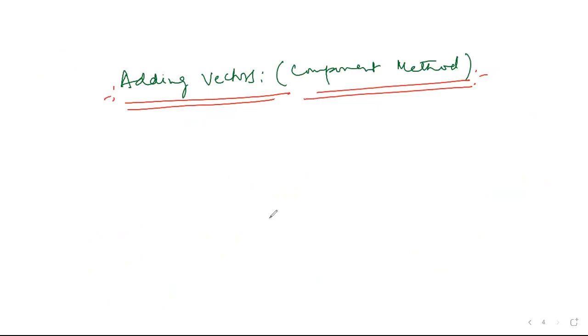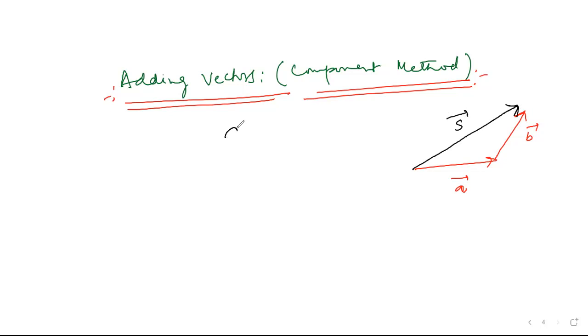So for example, if we have two vectors, vector A and vector B, in 2 dimensions, and from the triangle law, this S is the sum vector.